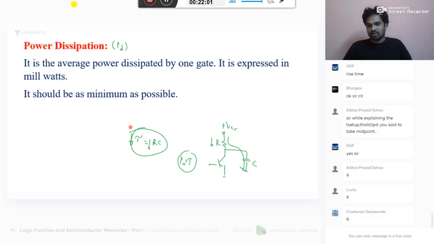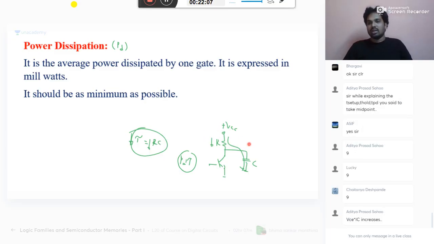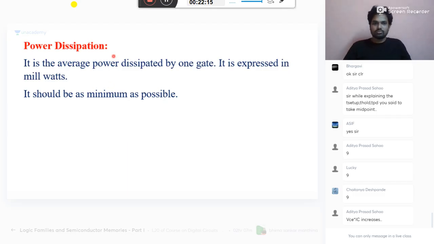Some are high power, some are high speed, some are low power. There are some ways where you can improve both of them, but this is the general trade-off between your power dissipation and the propagation delay. There are ways to overcome this. So we calculate power dissipation with the direct formula VCC into IC average.